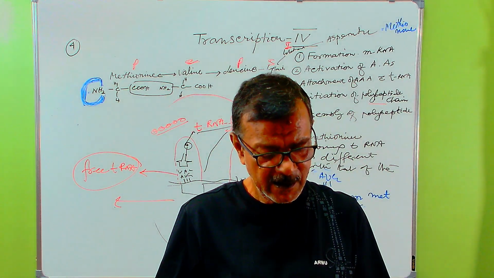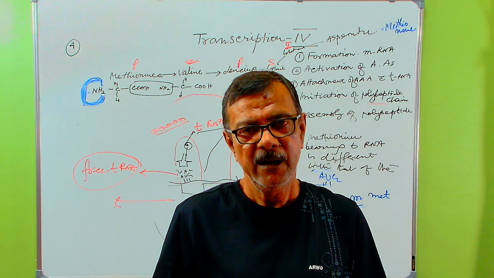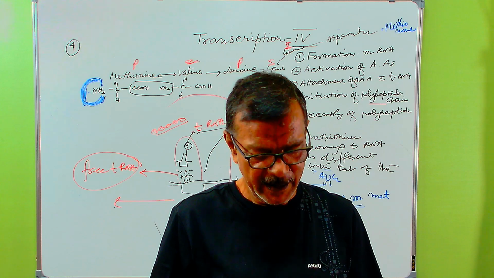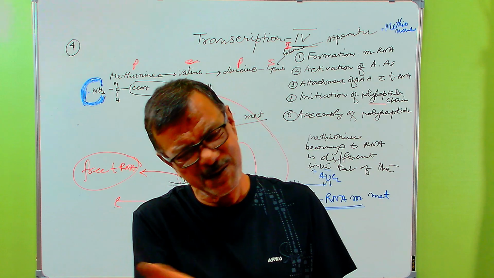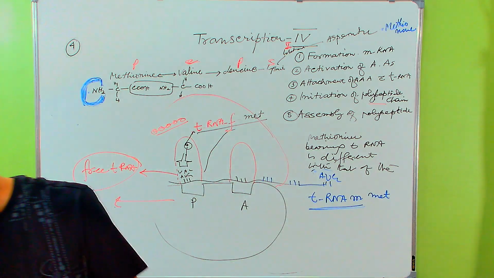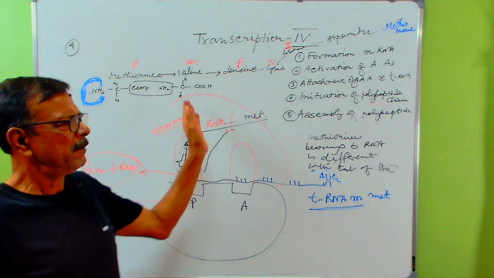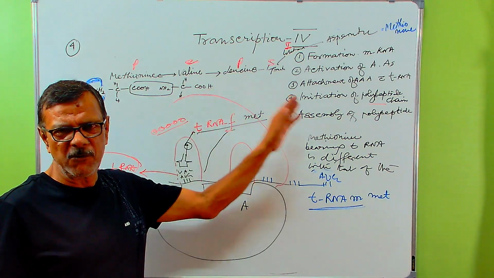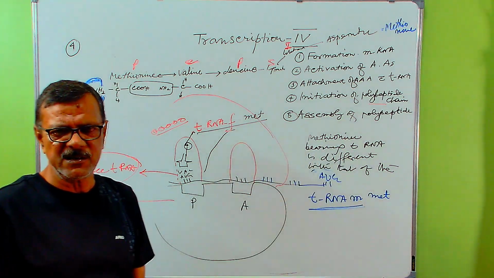This is the entire discussion about this topic. I have already completed everything. If anything is left, go through books, you will get it. And the sigma factor and rho factor I have already completed. Sigma factor and rho factor are for prokaryotic, and for eukaryotic, no factor is required.